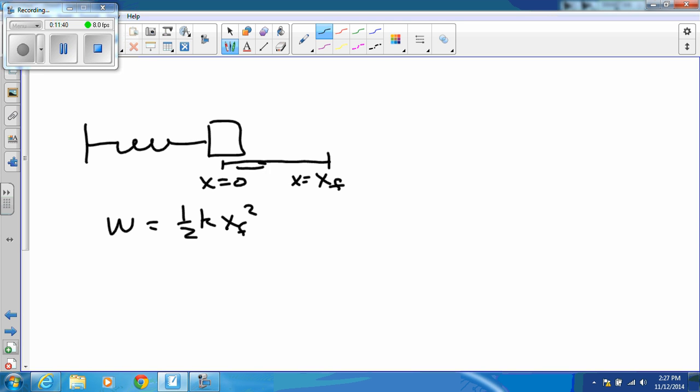That is the work done against the spring as we push in the outwards direction, and therefore, that is the change in potential energy.